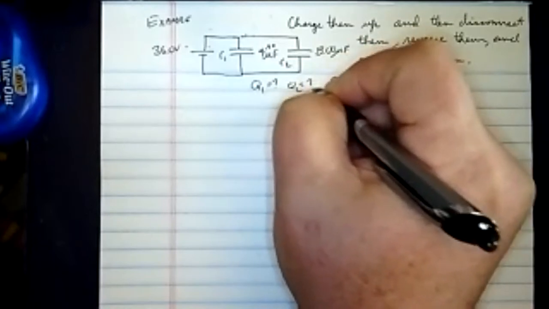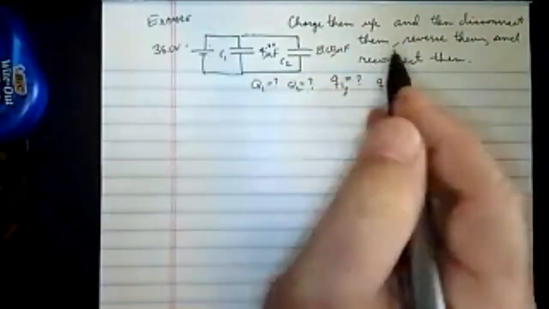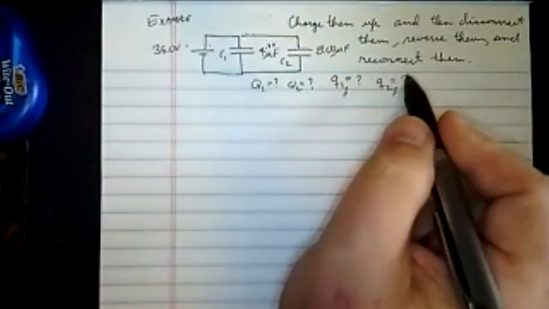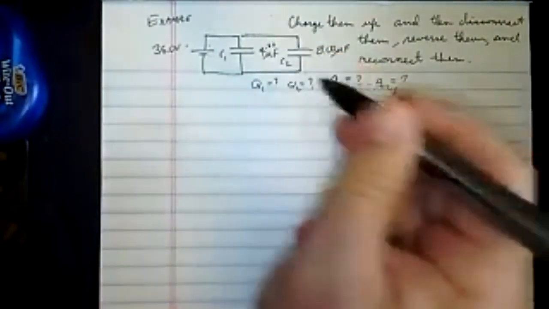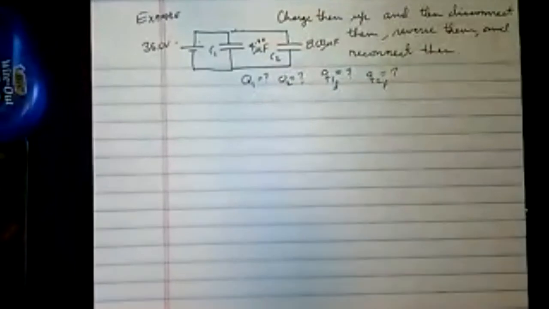So I'm using the big Qs to represent what happens right now just from connecting to the battery, and I'm using the little Qs to represent what happens to them after I've disconnected the battery, and then I disconnect these and flip them around and put them back together. Does that make sense?